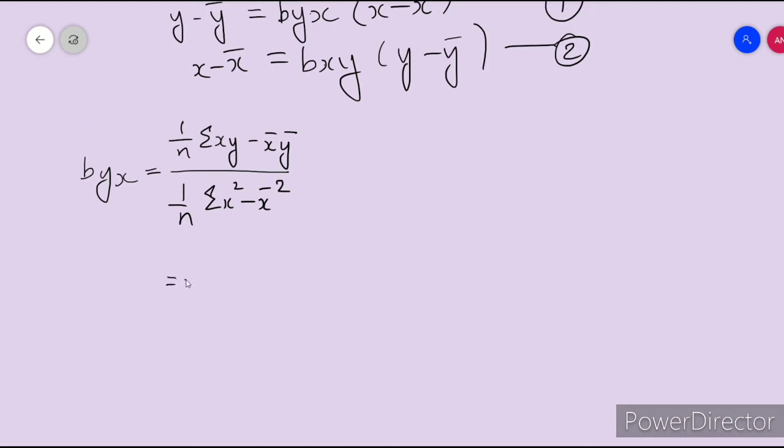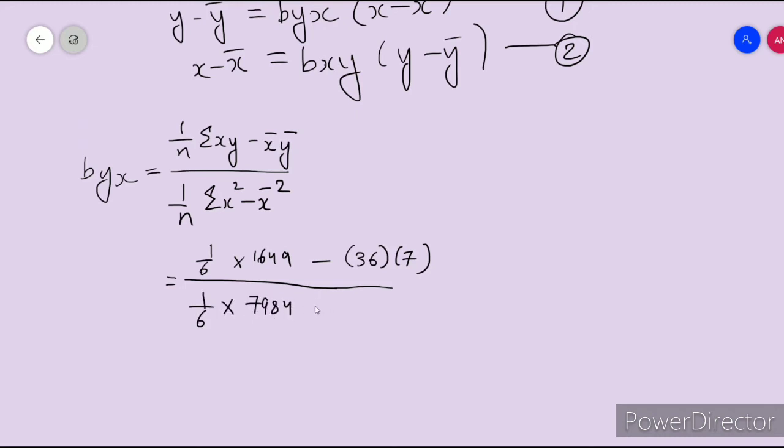So simply substitute the values we have found out. Summation xy is 1649, the mean of x is 36, the mean of y is 7, 1 by 6, summation x square is 7984, and the square of the mean, 36 square, is 1296. So we work this out.